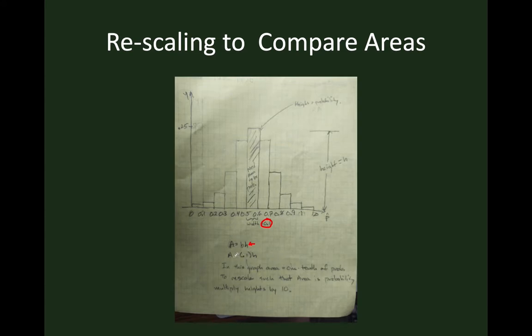And so if I want the area to be the probability, I know this is probably getting confusing, then I need to multiply all the heights by something so that the actual height is the area. Since this is 1/10 times h, I can see that if I want to make the area now the probability, I need to multiply this by 10. So I need to multiply all of the height data by 10.